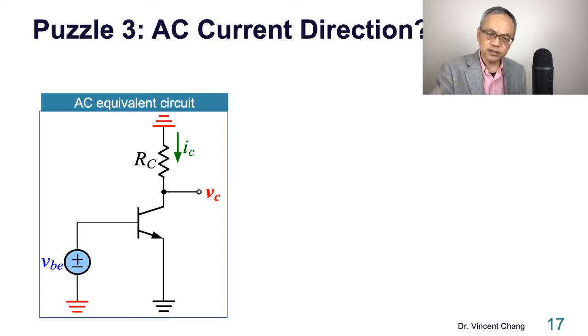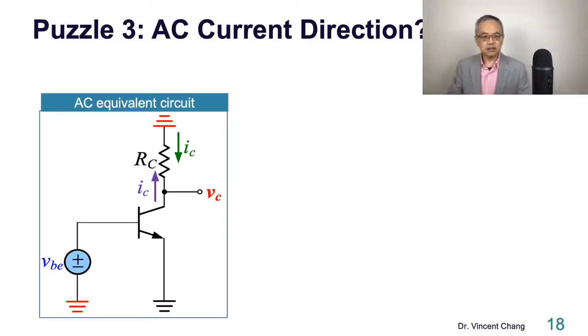It has to go down this way. Can the current go up? Is the green the only way, or are there two ways? Are both valid, or is only one right? Answer me.